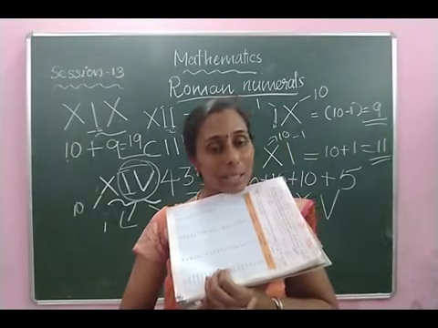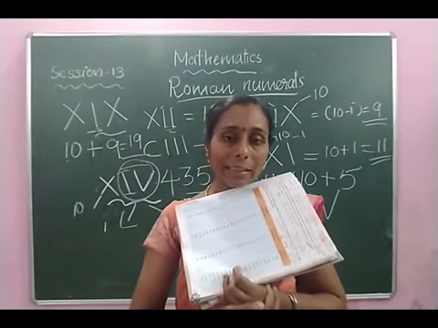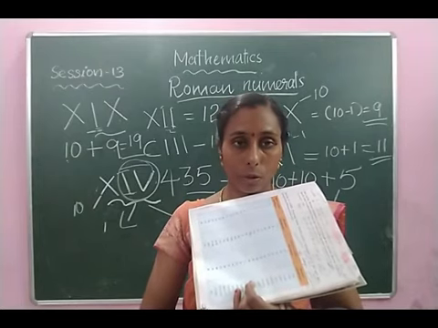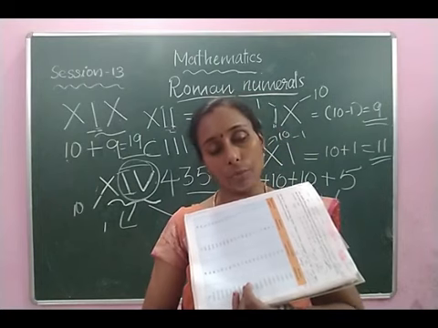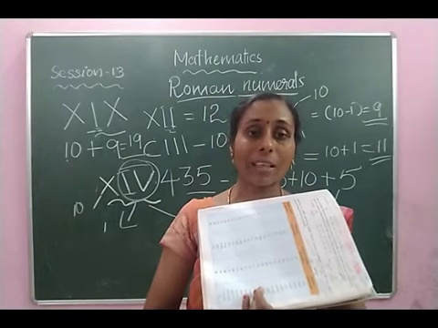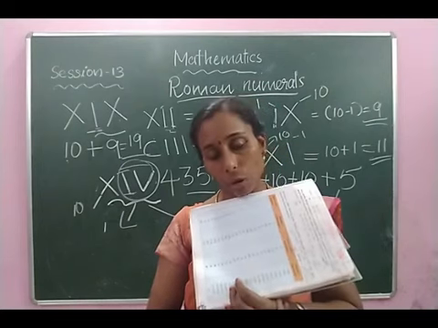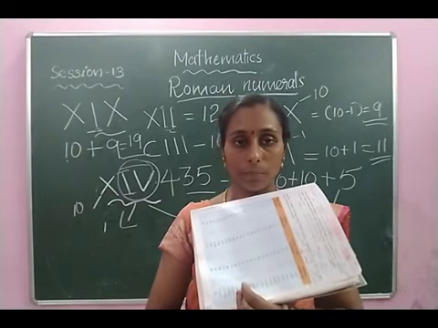Since you are in class 4, you want to learn the Roman numerals till 40. No need to learn more than that. Three or four years back there were many more numbers, but this year only Roman numerals till 40 are there.